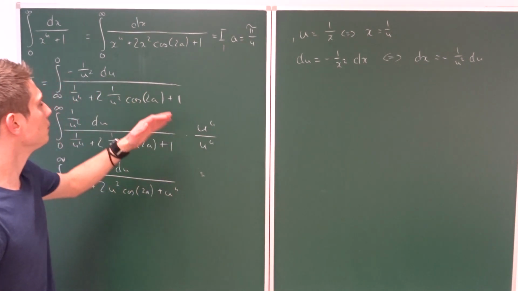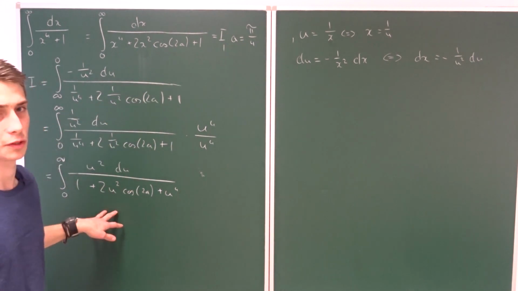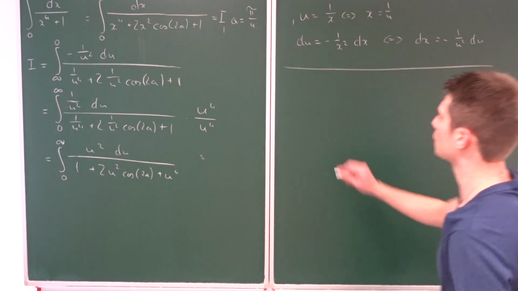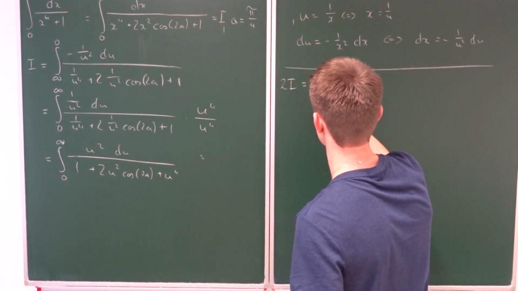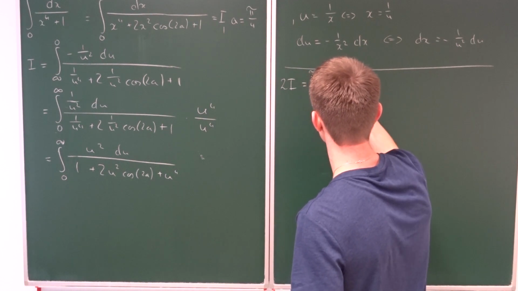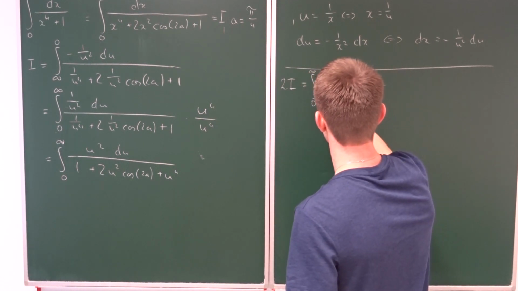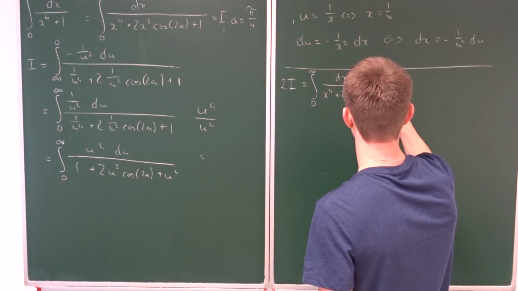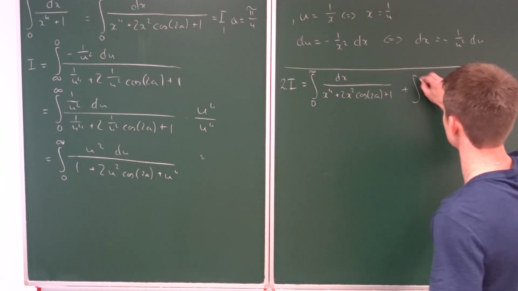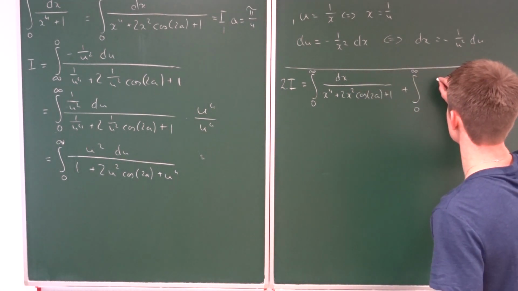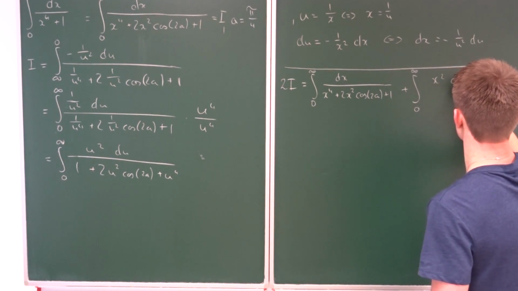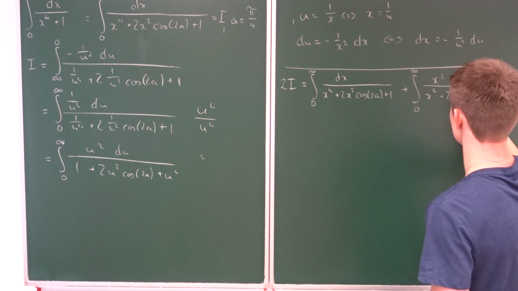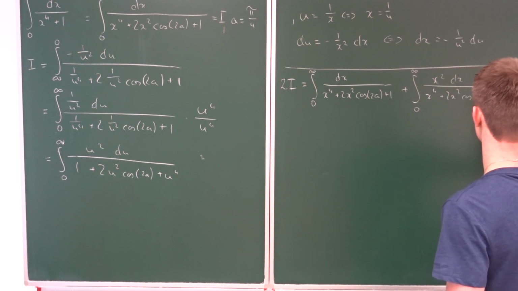We could, for example, add those two integrals together, and that would give us 2I. So let's just write. So 2I equals, okay, we have the integral from 0 to infinity of dx divided by x to the fourth power plus 2x squared times cosine of 2a plus 1, plus the integral from 0 to infinity of x squared times dx divided by x to the fourth power plus 2x squared cosine of 2a plus 1.